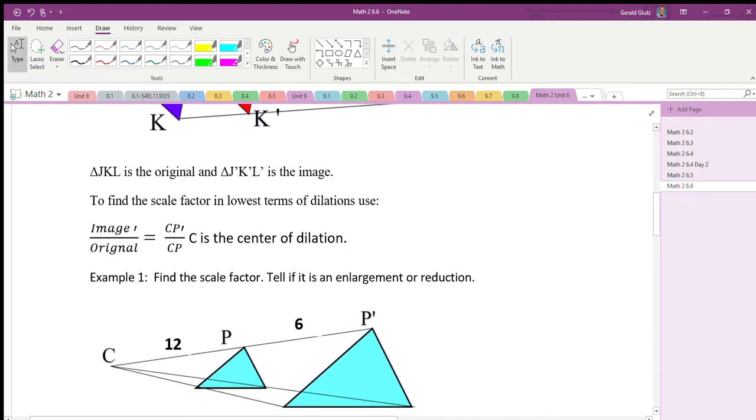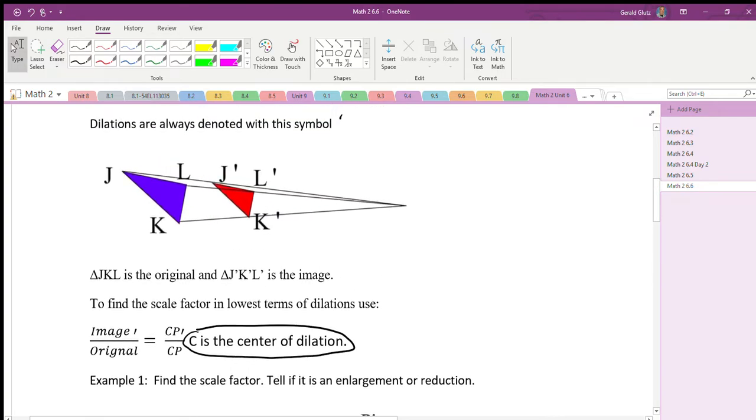If I wanted to find the scale factor, I need to find wherever the center of dilation is. If it doesn't tell you where that is, it's just at the origin, or 0, 0, so a lot of times it's going to be there. Wherever the center of dilation is, I find the distance to one of the prime points. Here, C is the center of dilation.